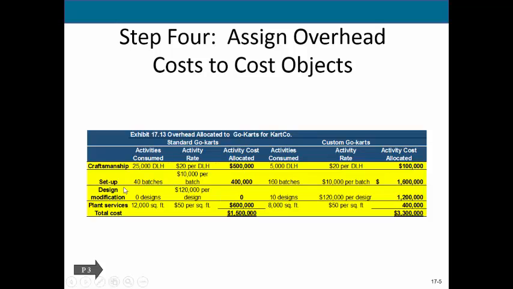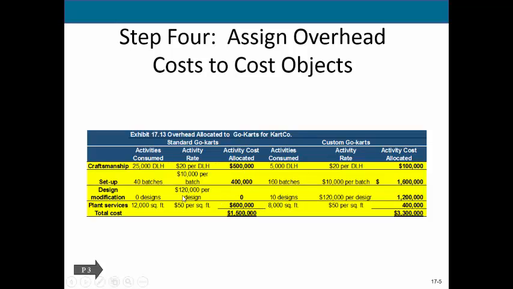Let's look at what happens with setups. Here, for the standard go-karts, we only have 40 batches, whereas for the custom, we have 160 batches. So even though we're really making fewer go-karts under the custom brand, we're having to run significantly more batches. And that's because the custom go-karts are different, so we're running more batches. The same is true with our designs.